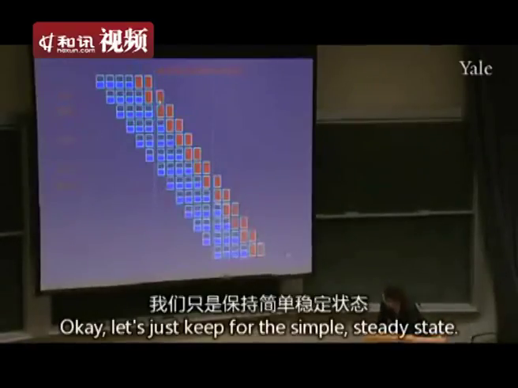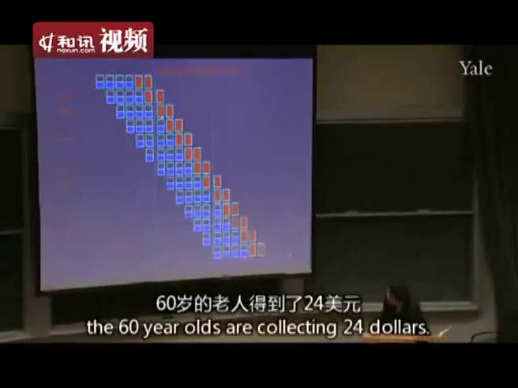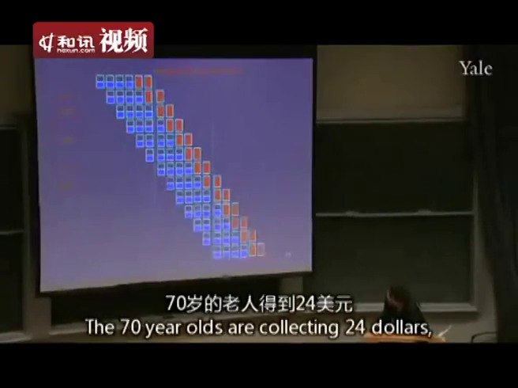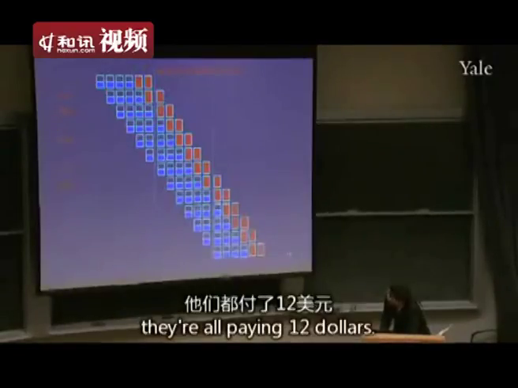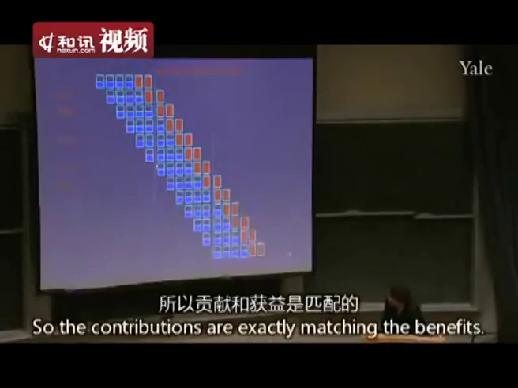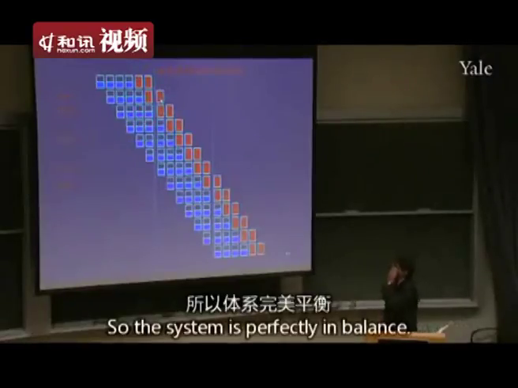But let's just keep the simple steady state. The 60-year-olds are collecting $24. The 70-year-olds are collecting $24, and each of these generations, the 50s, 40s, 30s, and 20s, are all paying $12. So the contributions are exactly matching the benefits. The system is perfectly in balance.